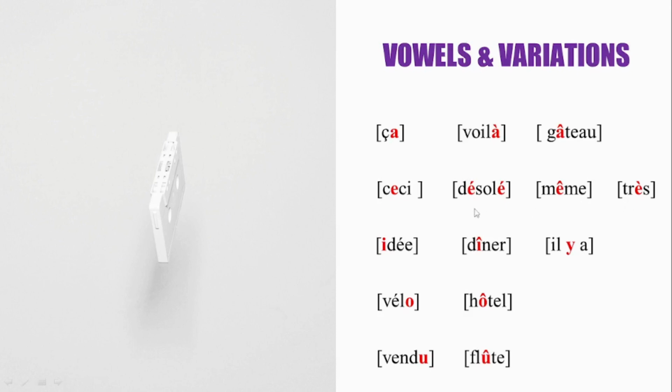All right. So now we're going on to E, right? Because as we just went through, in French, they pronounce the I as E. So now we have idée, dîner, il y a. Idée, dîner, il y a.